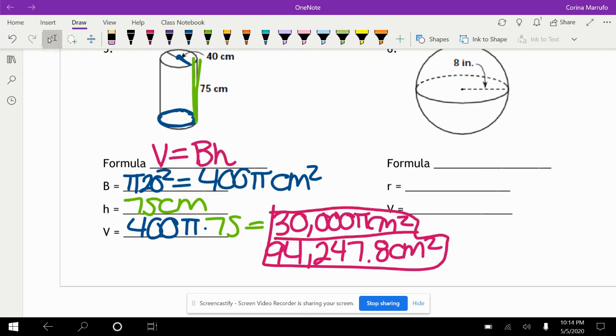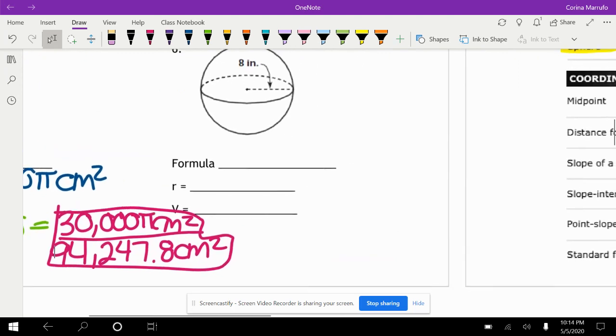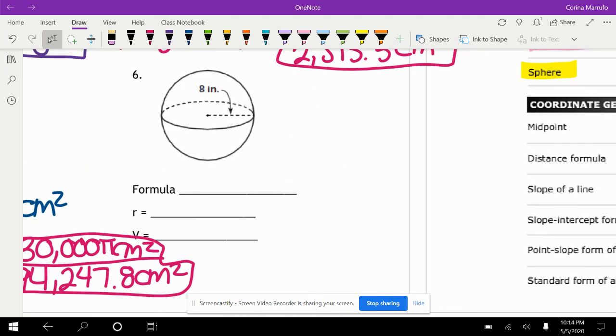Now, last example, this is a sphere. With our sphere, our volume is equal to 4/3 pi r cubed. The only thing we need to find for this one is the radius. If I look here, my radius is 8 inches.